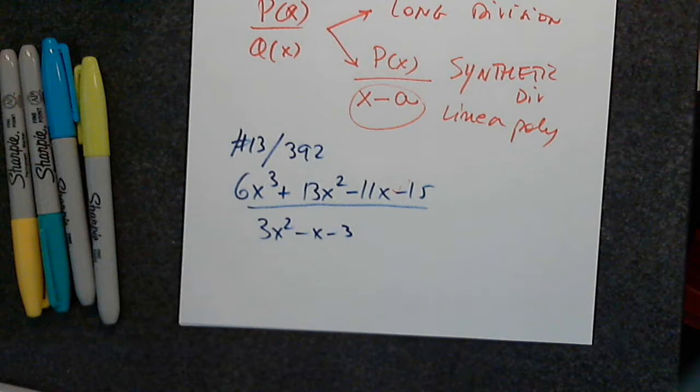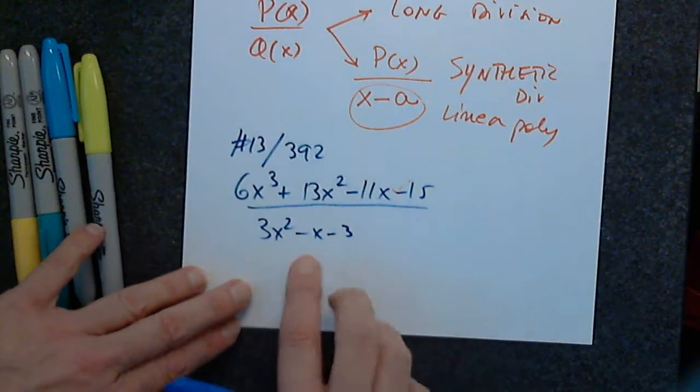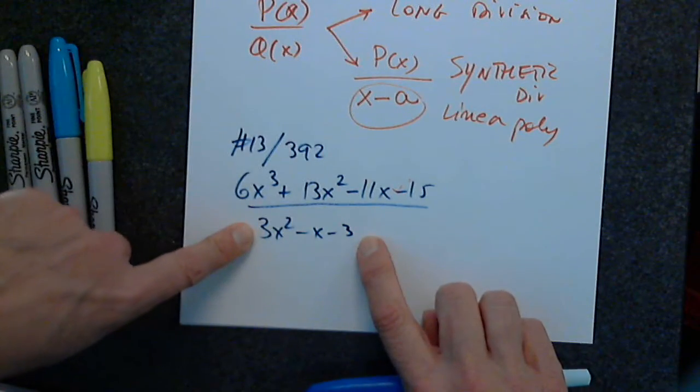The first question I ask myself is, are these 2 polynomials in descending order? Yes, they are. The second question I ask myself is, can I use the synthetic division? Let's compare this to this, and then we know the answer.